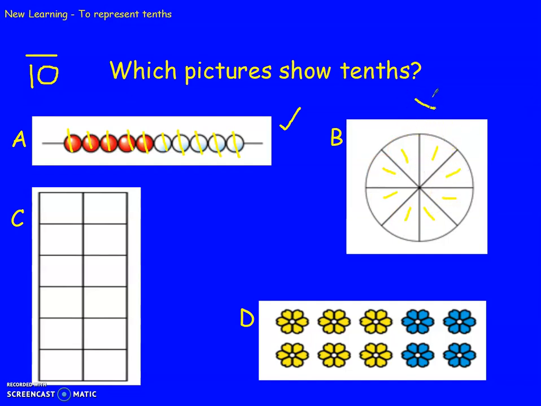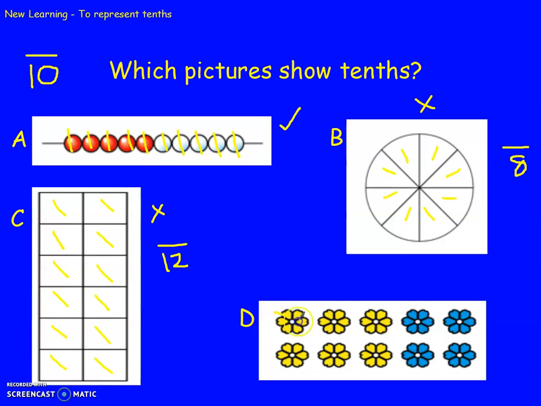We would not be able to show tenths on here because our denominator would be 8, not 10 that we need. Let's have a look at C. 1, 2, 3, 4, 5, 6, 7, 8, 9, 10, 11, 12. Again, that will not show tenths because our denominator would be 12, not the 10 that we need.